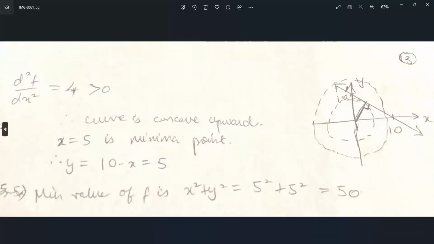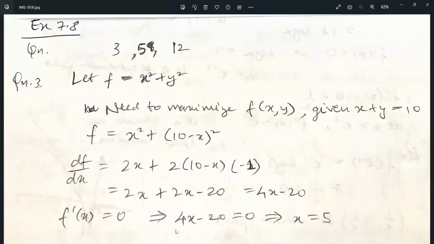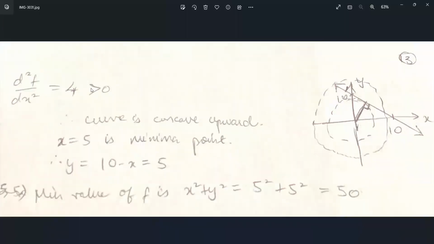Now we have to verify, so look at the double differentiation. If we double differentiate f'(x), 20 becomes 0, and differentiating 4x we get 4. So we have 4, which is greater than 0.